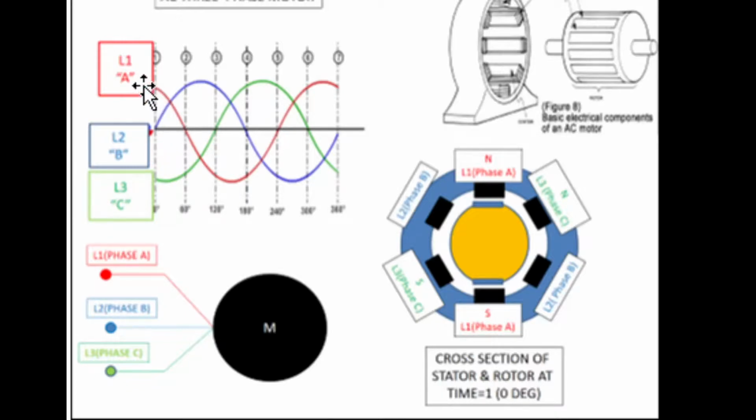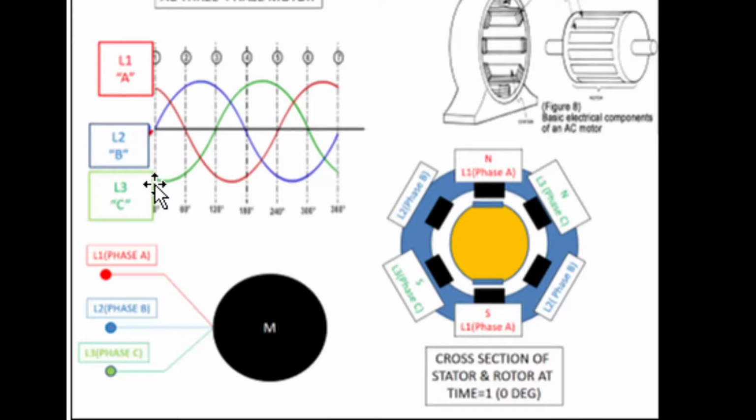Starting at time equals 0, you see the voltage on L1 is at its maximum. Voltage on L2 is 0, and the voltage on L3 is minus. It's the same absolute value as L1, but it's negative.